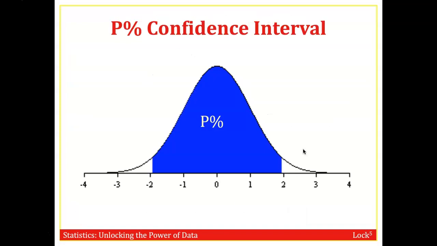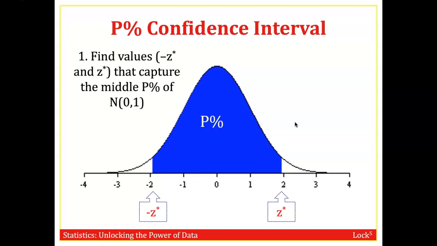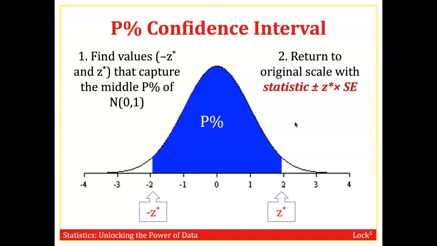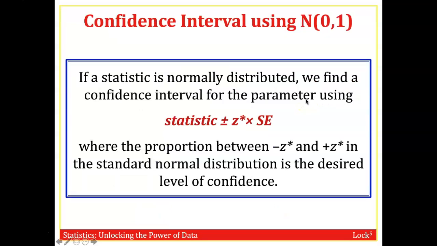To summarize, we've got this p% confidence interval that we want, and we're going to try to find the appropriate z star and minus z star that have p% in the middle. So we want to find the values that capture the middle p% of the normal distribution, and then return to the original scale by unstandardizing. We multiply by the standard error and add that to the statistic, and that will give us a confidence interval using the standard normal.